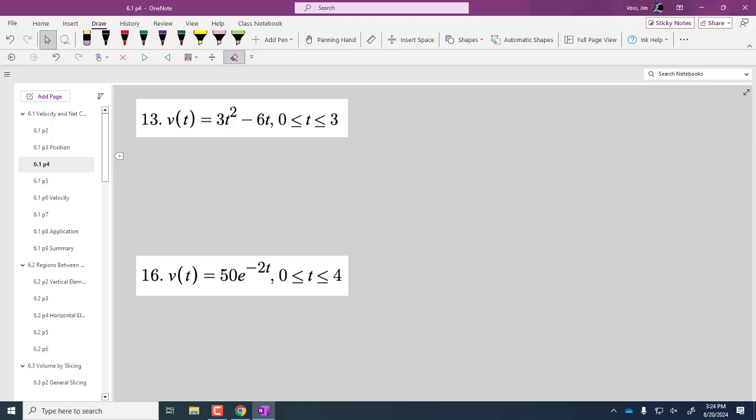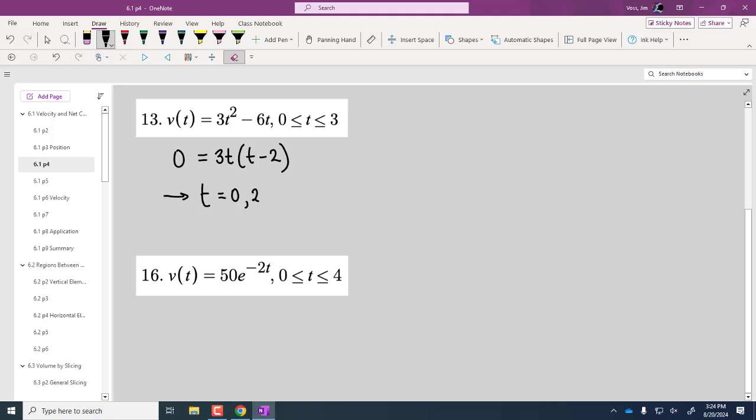And we know that this has two zeros because we can factor this really easily. If we factor out 3t, what are the zeros? 0 and 2. So if we set this equal to 0, this implies that t equals 0 and t equals 2 are the zeros. So we know that the vertex is at 1.